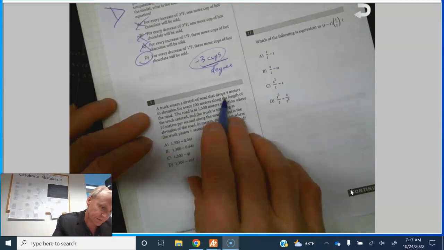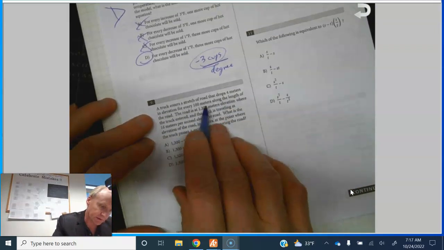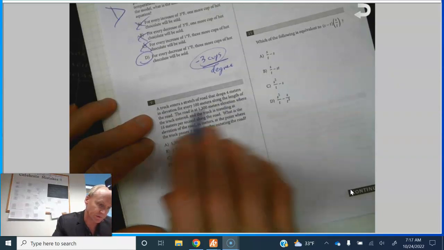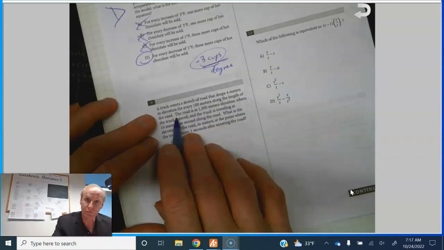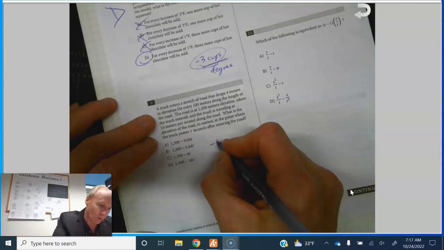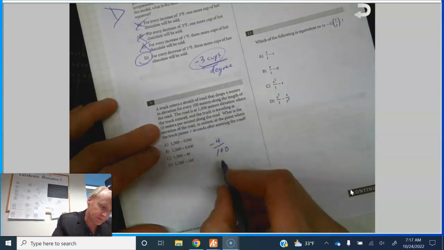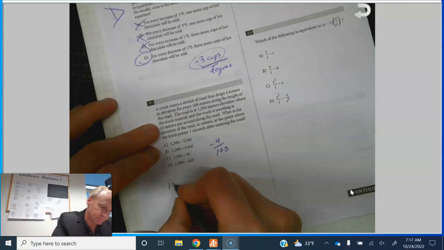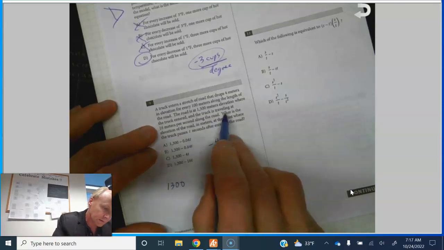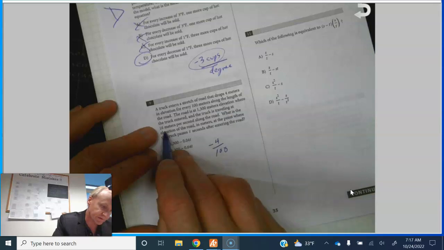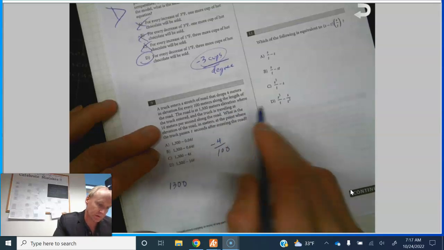A truck enters a stretch of road that drops 4 meters in elevation for every 100 meters along the length of the road. This is called a negative 4% grade, negative 4 per 100. The road is at 1,300 meters elevation, and the truck is traveling at 16 meters per second along the road.